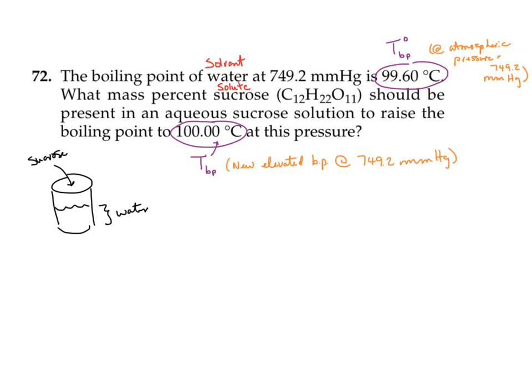They just say at that particular pressure, it's supposed to boil at 99.60 degrees Celsius, and the target at that pressure is actually 100.00 degrees Celsius. So then you have enough to knock out boiling point elevation, your desired delta TBP, from those temperatures.